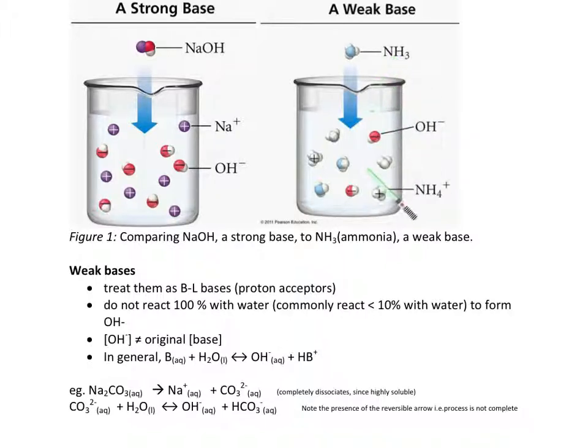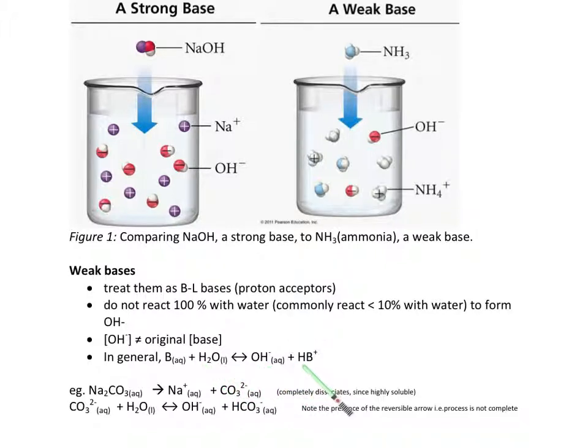Where does the proton come from? Well, it actually comes from the water itself. And so we can see that in general terms right here, where the base, whatever it may be, is accepting a proton from water, and removing an H and a positive charge from the water leads to the production of OH minus.